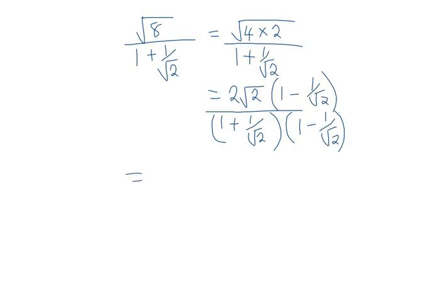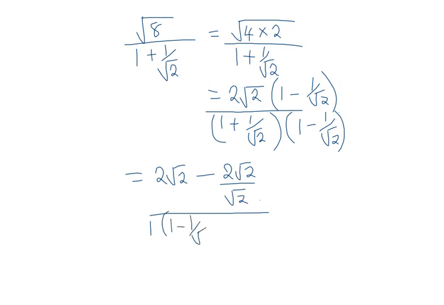We'll open our brackets and we'll have 2 root 2 minus 2 root 2 over root 2. Then our denominator will be 1 into 1 minus 1 over root 2 plus 1 over root 2 into 1 minus 1 over root 2.